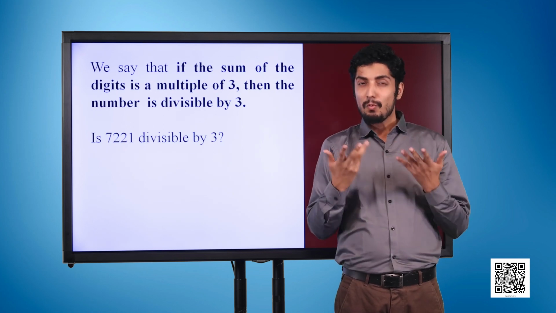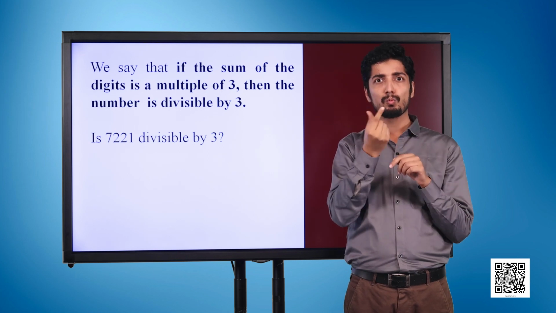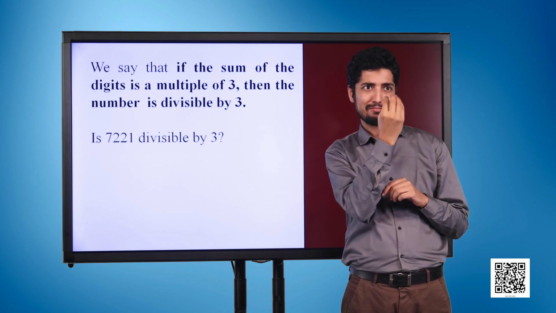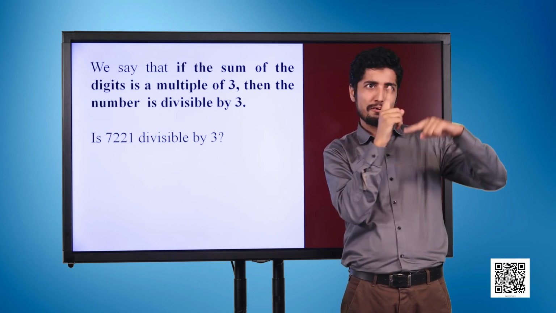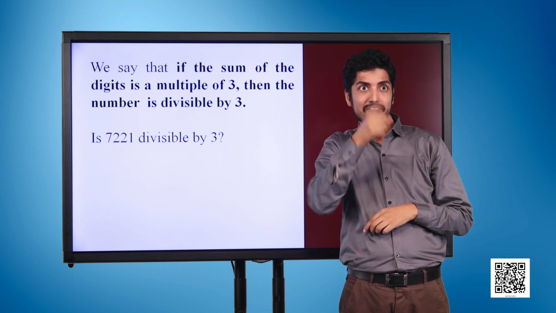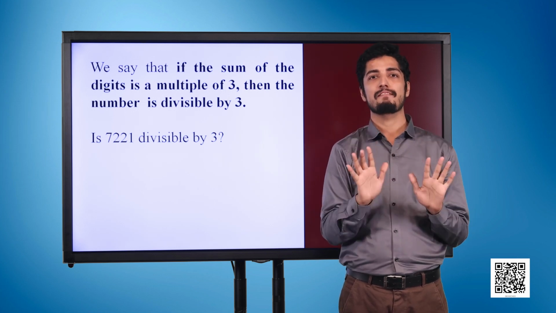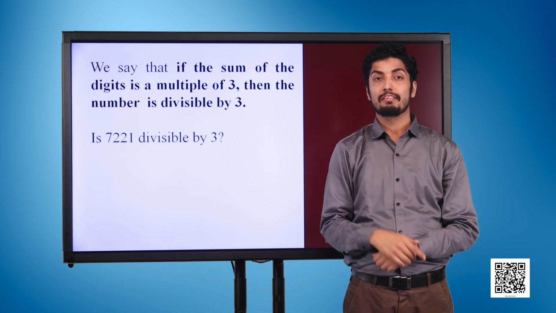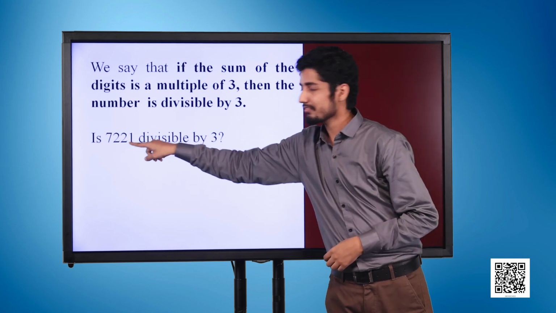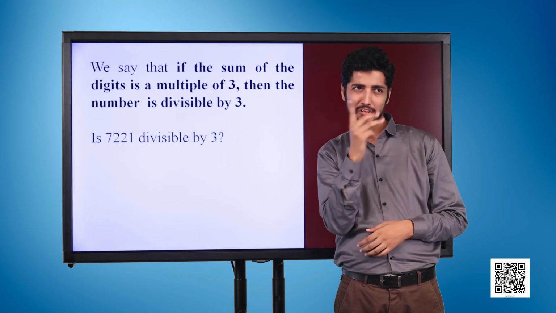We say that if the sum of the digits is a multiple of 3, then the number is divisible by 3. Is 7,221 divisible by 3?